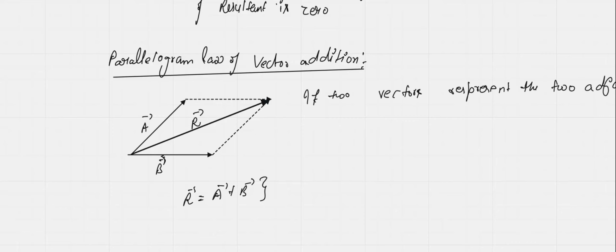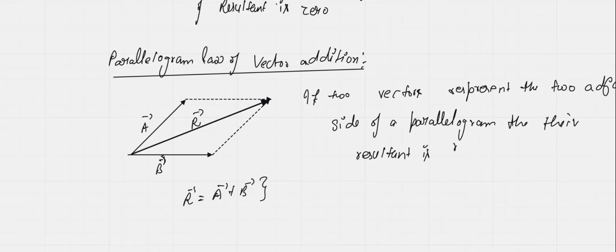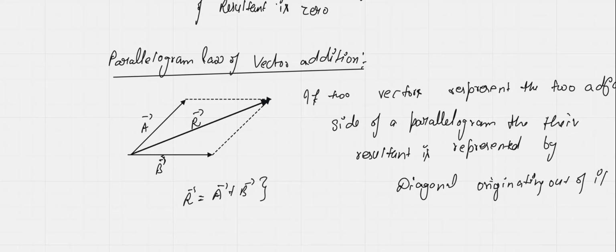What this law says is that if two vectors represent the two adjacent sides of a parallelogram, then their resultant is represented by the diagonal originating out of it. Is this law clear?